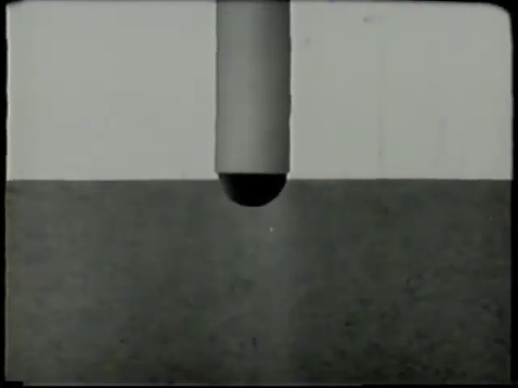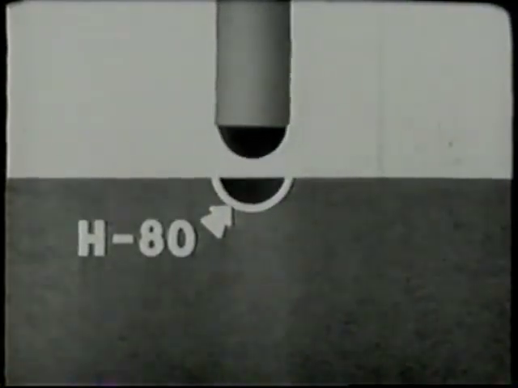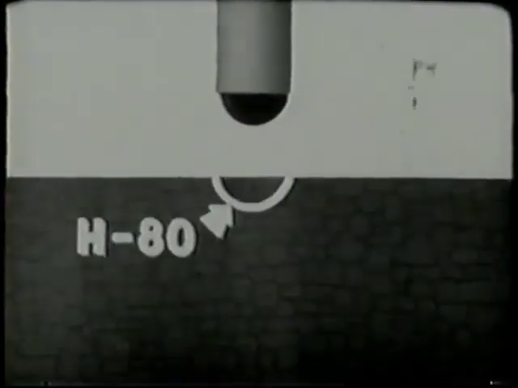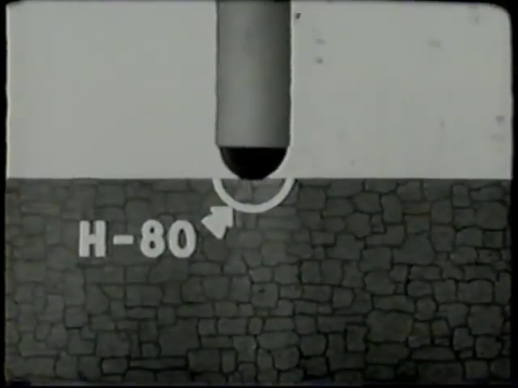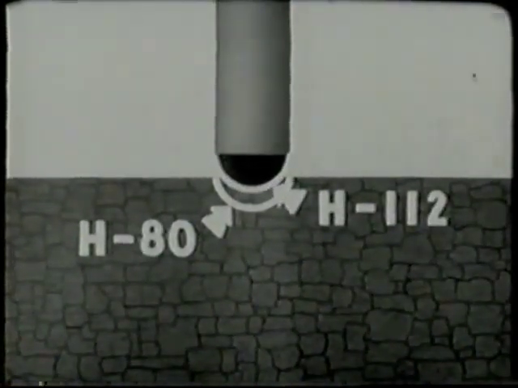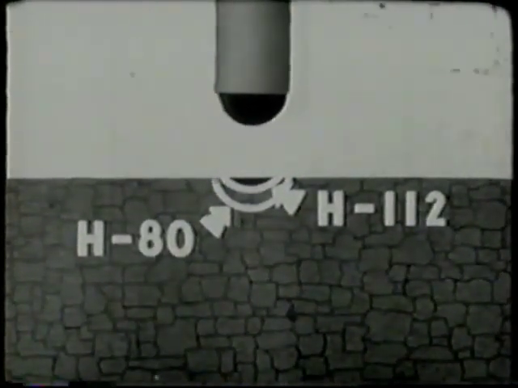We might find, for instance, that the tensile strength of the aluminum alloy part has risen from 30,000 pounds per square inch to 60,000 pounds per square inch. We may find that the Rockwell hardness number of the part has increased from H80 to H112.